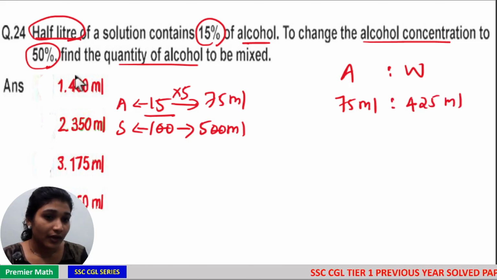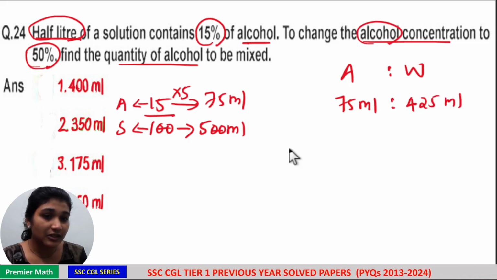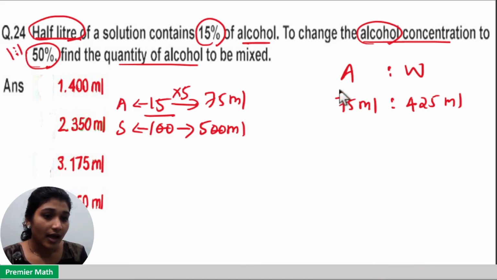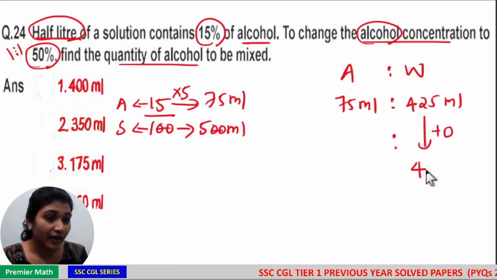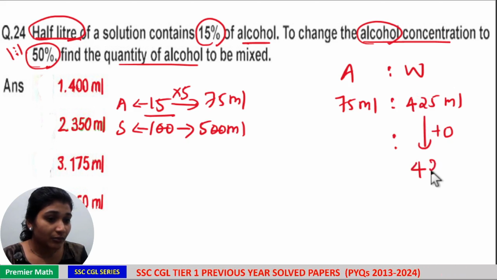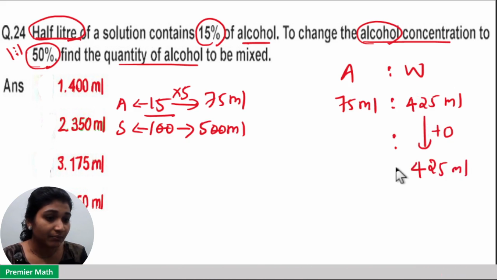Now we have to change alcohol concentration to 50%. 50% means 1 is to 1 ratio. That is, alcohol and water parts should be both equal. Here we are only adding alcohol part. That is, water part adding is 0, which means in the final solution, that is in the 50% alcohol solution, water part should be 425 ml. Same.